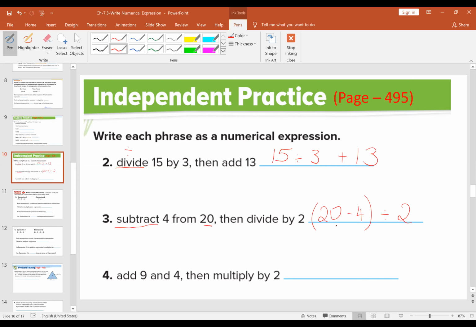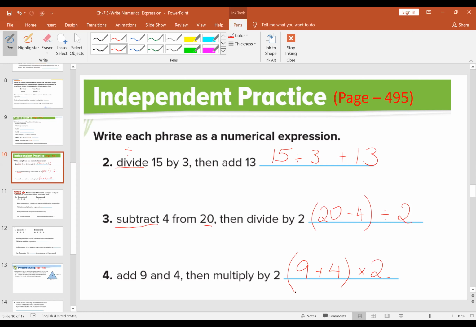Therefore, whenever I add the brackets, it gives priority to solving the subtraction first. Or, sorry, the parentheses. In the next one, add 9 and 4. So 9 plus 4, multiply by 2. Now, in this expression, if I didn't add the parentheses, I would probably solve 4 multiplied by 2 first. But according to our question, we're supposed to add first. Therefore, we add parentheses around 9 plus 4.